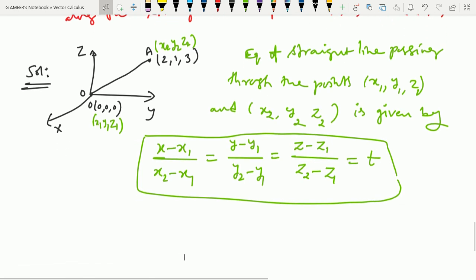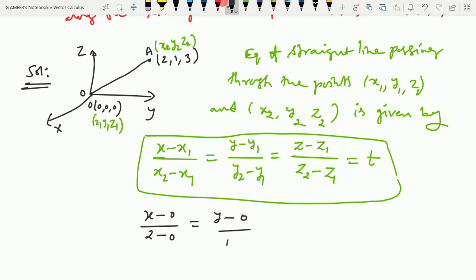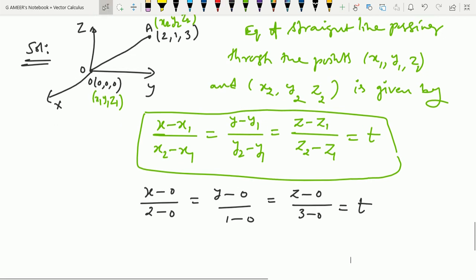That is the straight line, that is the curve equation I will get directly. So here it is (x minus 0) divided by (2 minus 0), (y minus 0) divided by (1 minus 0), (z minus 0) divided by (3 minus 0), that is equal to t. So from here what will I get?